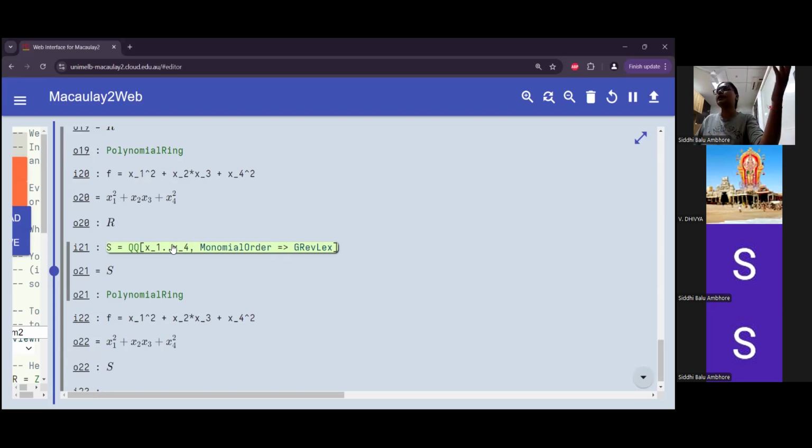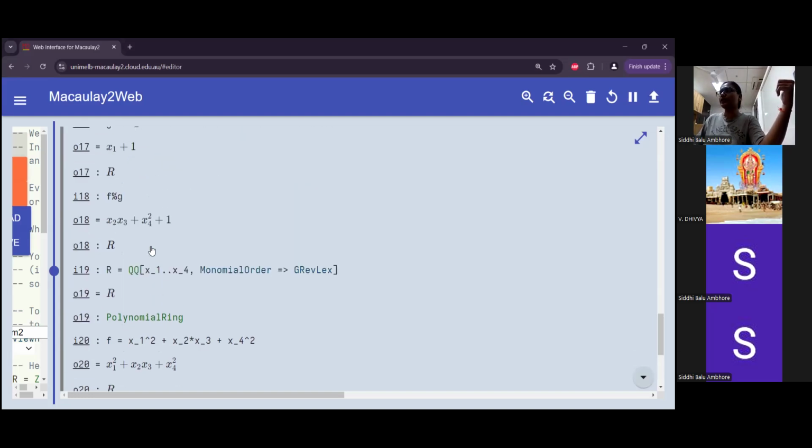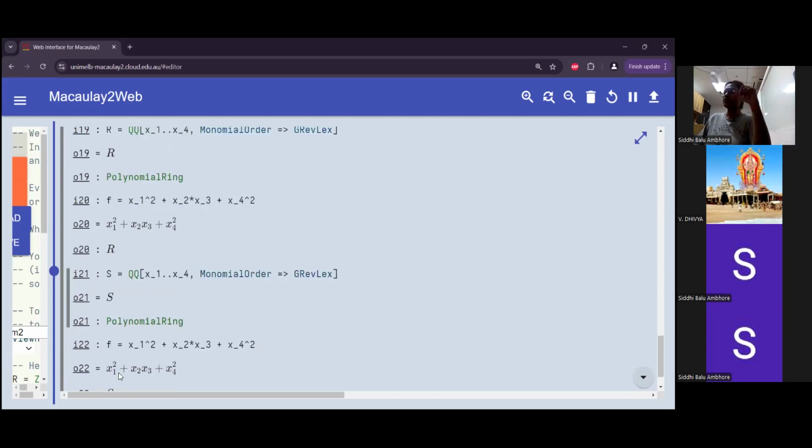For example, I had defined earlier a ring T equal to Q[t] with variable t, and if I write a monomial with the variable t, it understands that the monomial is from that ring. But if there are multiple rings with the same variables, for example, here the ring R had variables x1 to x4, and S also has the same variables x1 to x4.